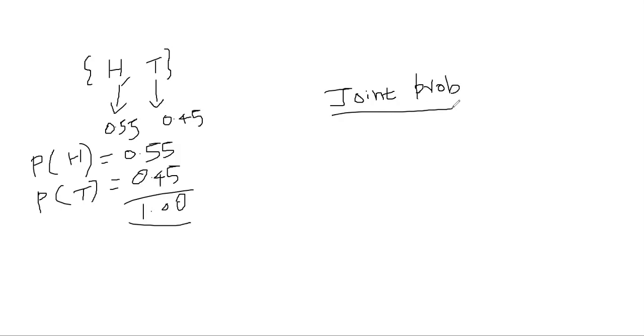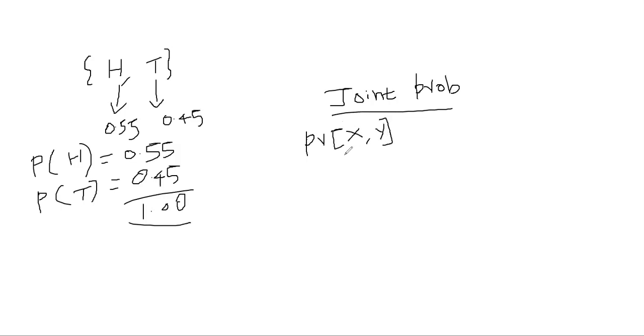So let me write a little bit of notation here. Suppose you have a random variable x, which could be the fact that you want a head on your coin toss. Another variable y, which could be that you want to have an even number on rolling a die. What does x denote?